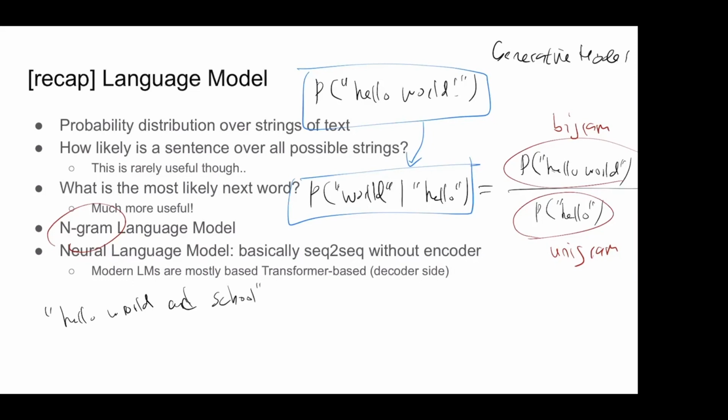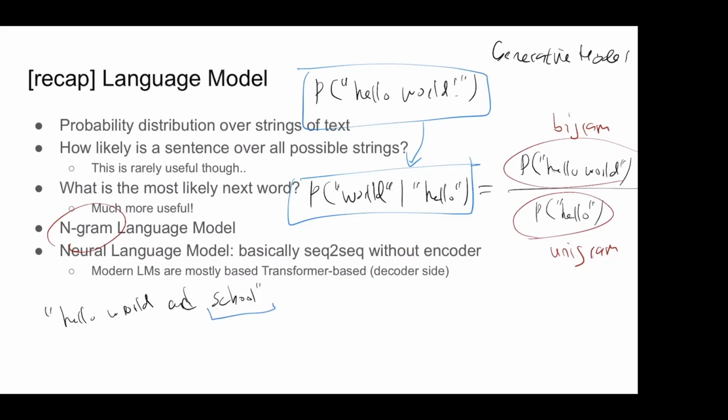In order to predict the probability of getting this word school, a bigram language model only looks up to the word right before school.